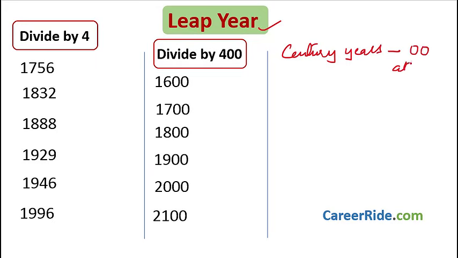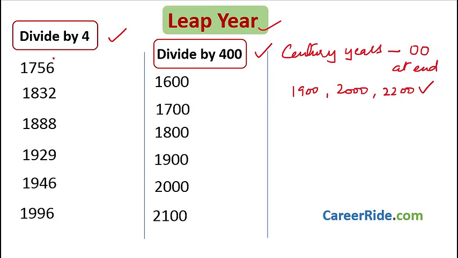So these would be years like 1900, 2000, 2200, right? So these kind of years are called century years. And the way to find whether a given year is a leap year or not is different for these general years and century years. Okay.